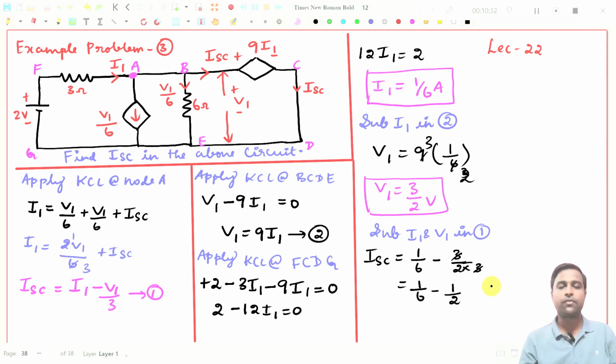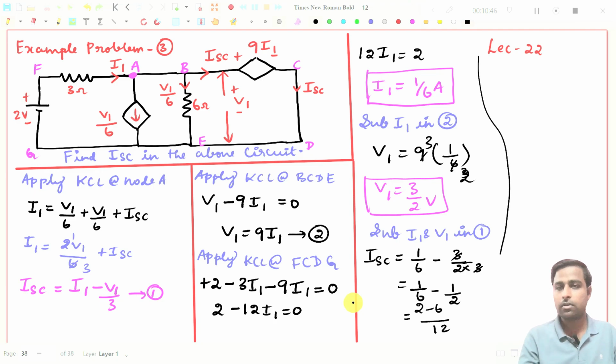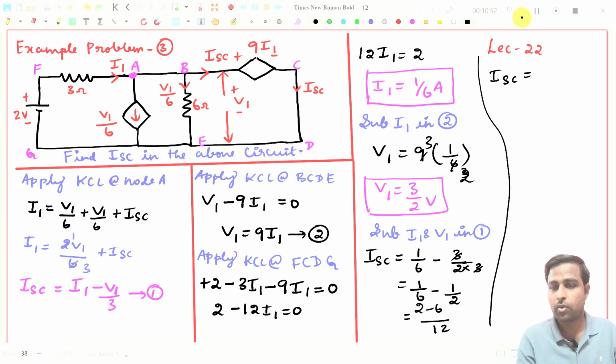If you further simplify this, this will be 12, and if I cross multiply this, I will get 2 minus 6, right? So finally ISE will be equal to minus 4 divided by 12.